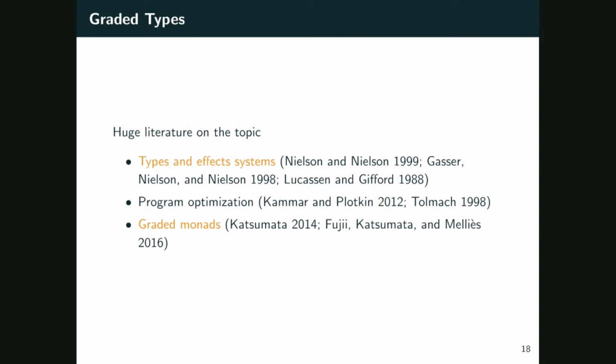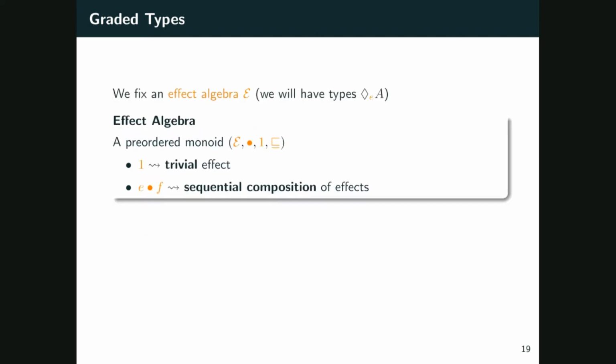And there is also a large body of literature on how these kinds of type systems affect program equivalence, and in particular program optimization. And I think that the PhD thesis also deals with these kinds of topics.